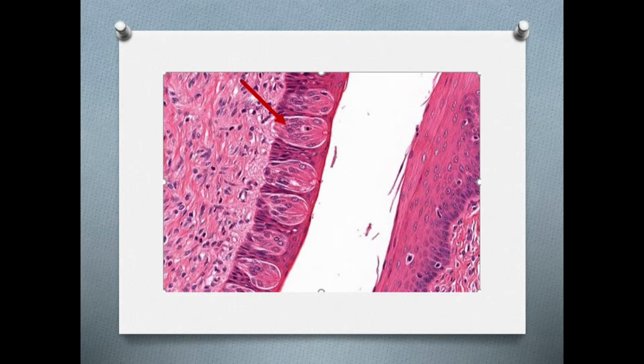There are 3 different types of cells. About 50 to 100 cells compose the taste bud. Two are the main types of cells: gustatory cells and supportive cells, and also basal cells.